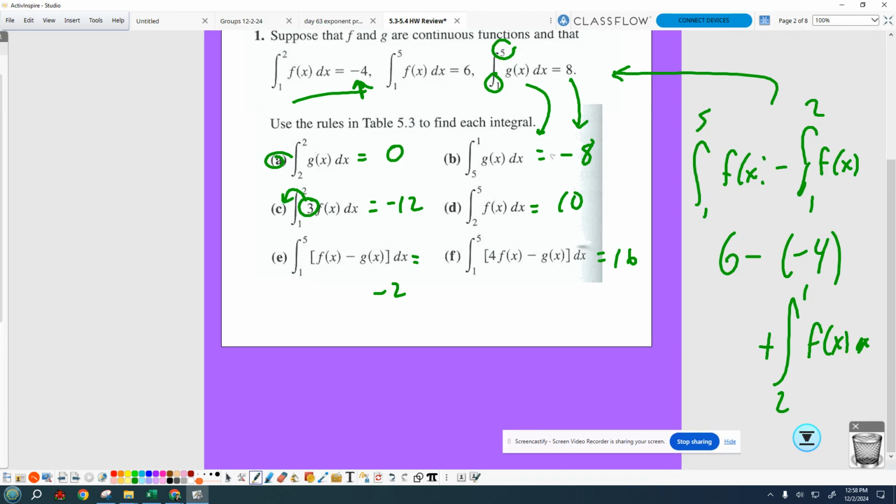Whichever way, it's still 10. And then the area of f of x minus the area of g of x. Oops, f of x from 1 to 5. So 6 minus 8, negative 2. And then just arithmetic on the last one, okay?